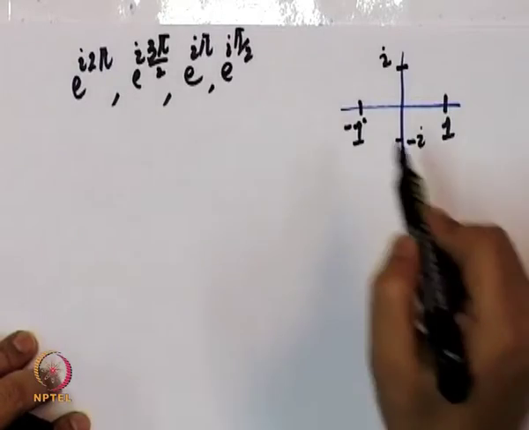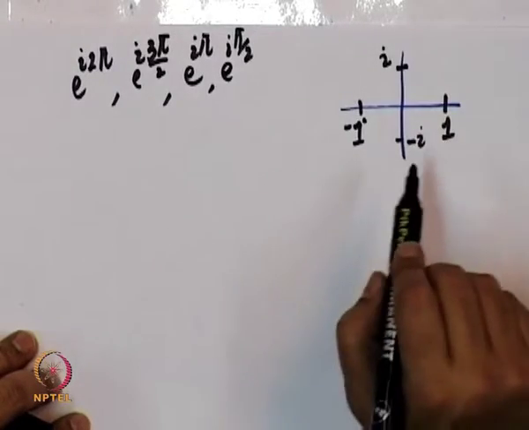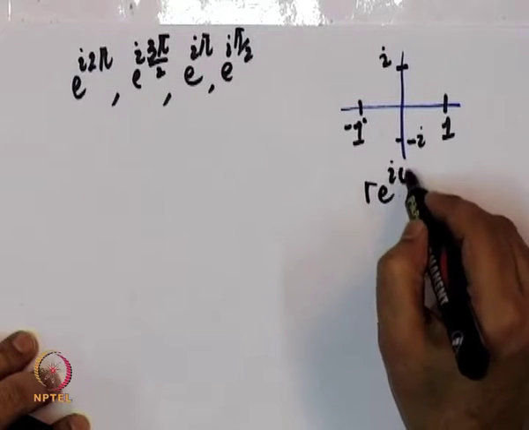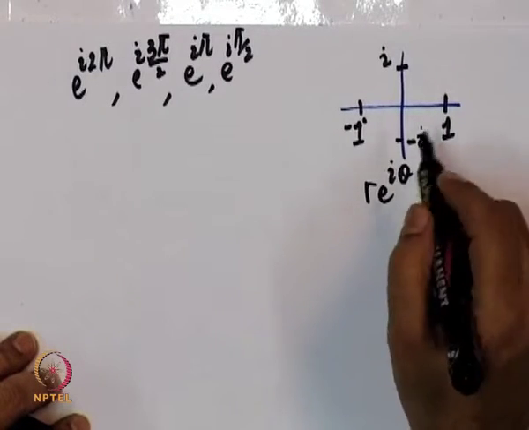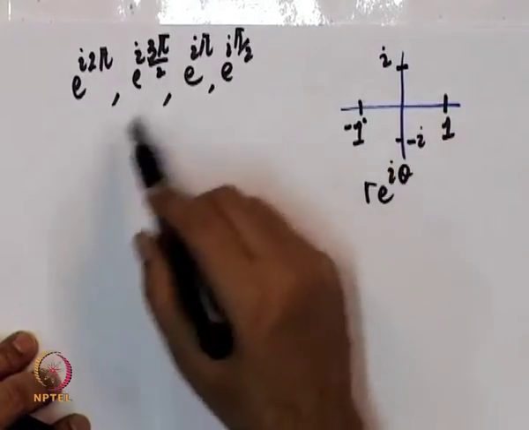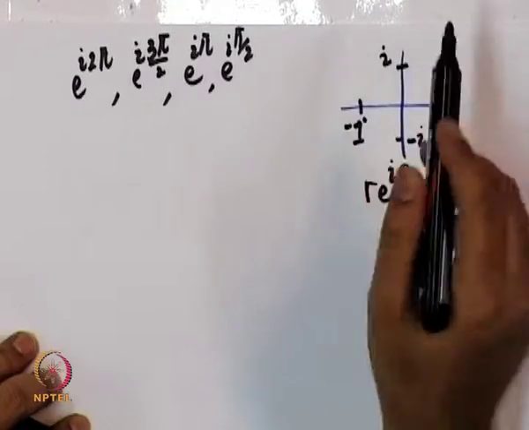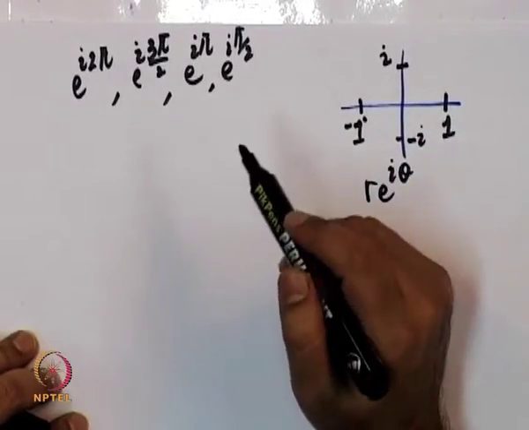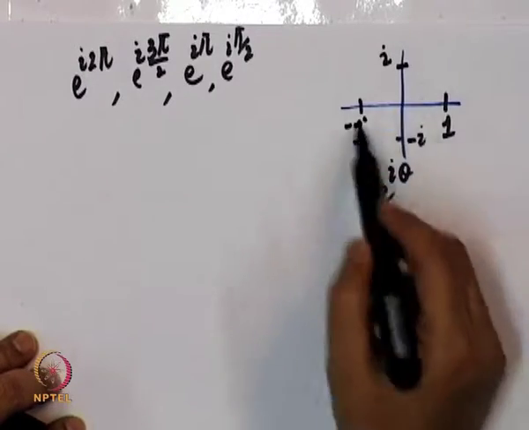So, this is basically the r e power i theta form. So, you have a unit vector and a 90-degree rotation of that. Under this operation again you will find that you can put e power i 2 pi and do the multiplication table. There is yet another way of thinking about this.